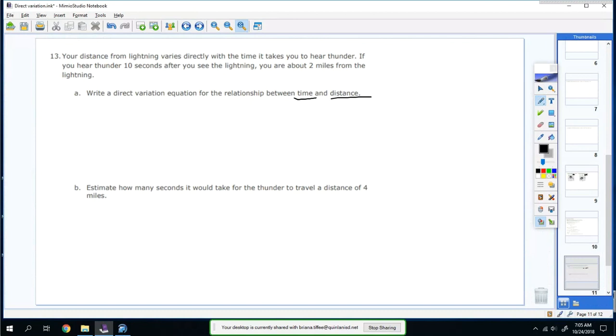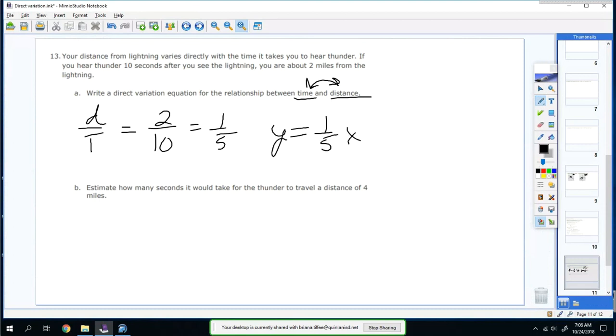It's usually distance versus time, so I'm going to flip-flop those, because generally x is your independent variable and y is dependent, because time is usually x. So I'm going to have distance over time. So it'd be 2 miles for every 10 seconds, which equals 1/5. So my equation would be 1/5 x.